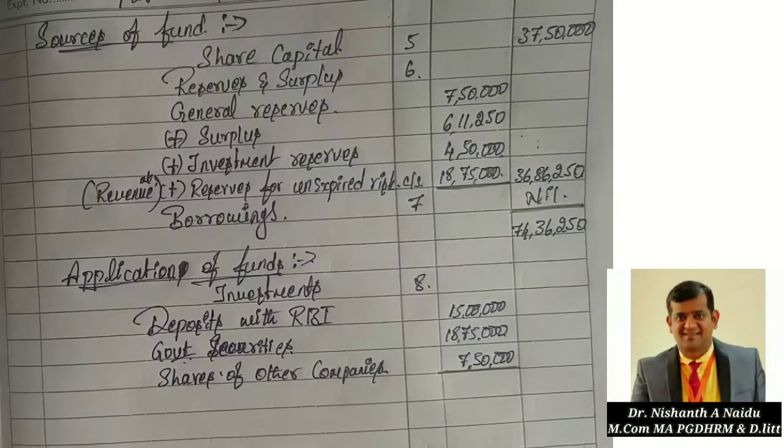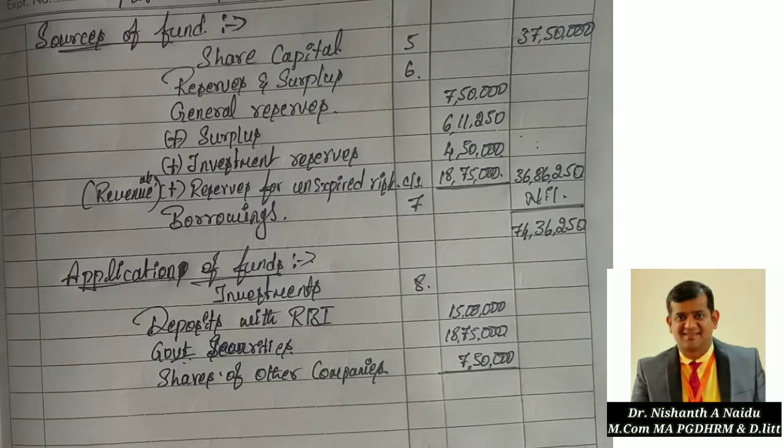So I'm totaling it. So check out what is the total. 15 lakh plus 18 lakh 75,000 plus 7 lakh 50,000, that comes to 1 crore 1 lakh 25,000, not 1 crore.